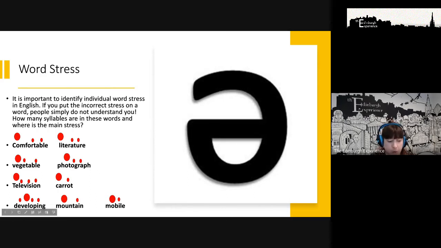Okay, so let's have a look at where we've got schwas here. So in my first one here, okay, so comfortable. So if I say that slowly, comfortable, right? Comfortable, that would be my schwa sound here. Okay. Literature. Okay, so I have a schwa sound there.